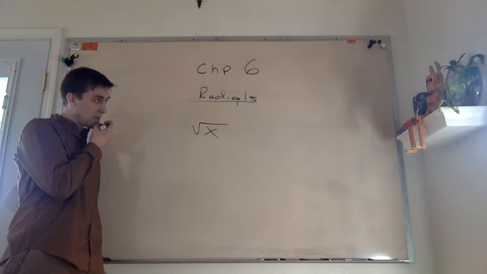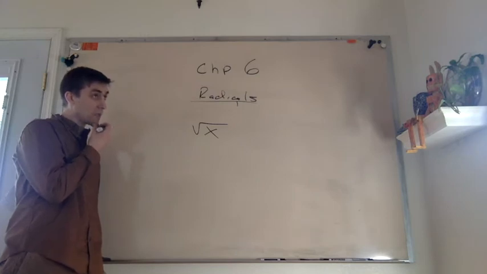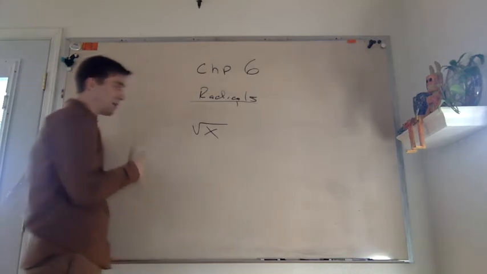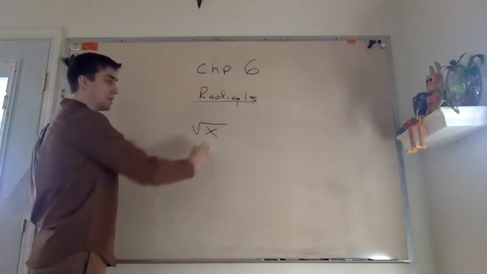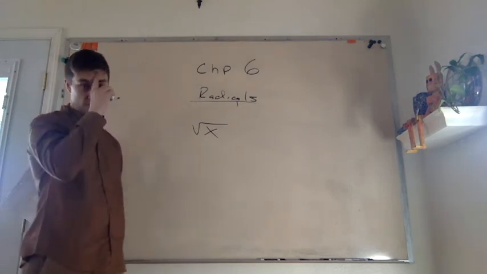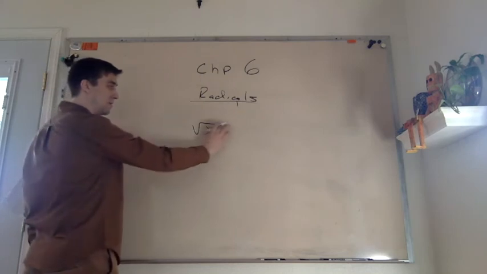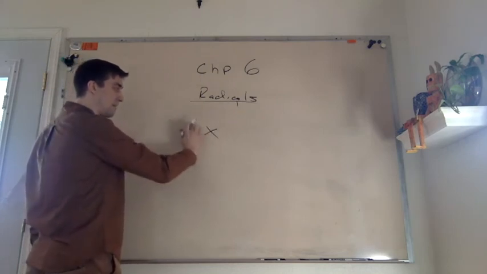So one of the things I wanted to talk about is simplifying square roots. Squaring and square rooting is almost opposites of each other. I'm saying almost because there's kind of a problem. So I want to point something out here.